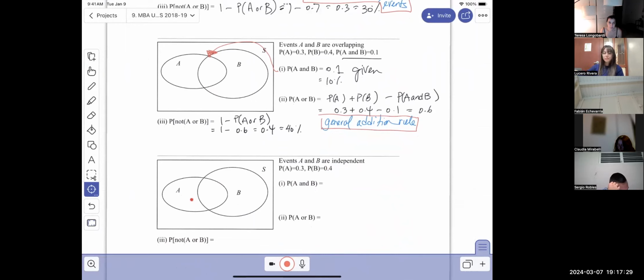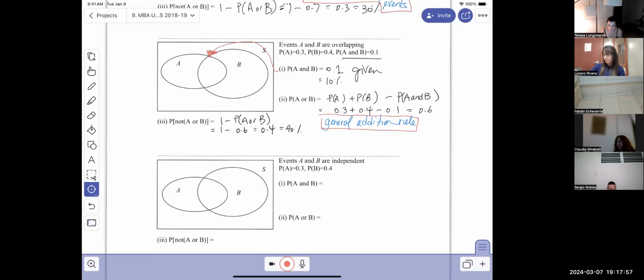A and B are independent here, which provides information on what the intersecting probability is. The event of A and B occurring at the same time, and the chance of it occurring, can be computed now because we've been told that A and B are independent.